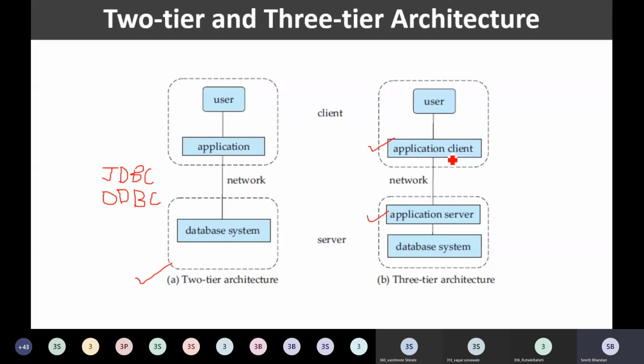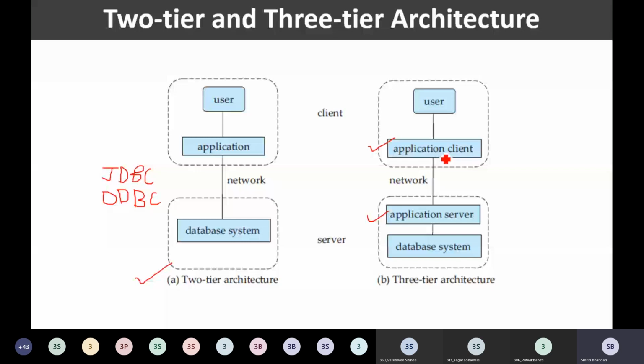The application server receives the requests through this browser or through this interface, the application client, and whatever requests come from the application client are passed to the database system. The result is received by the application server, and then the application server resends the result to the application client.